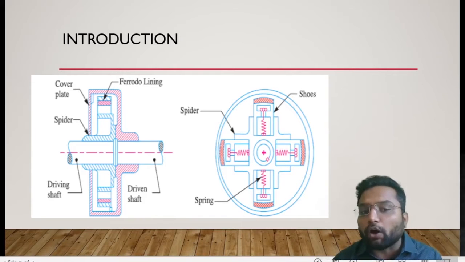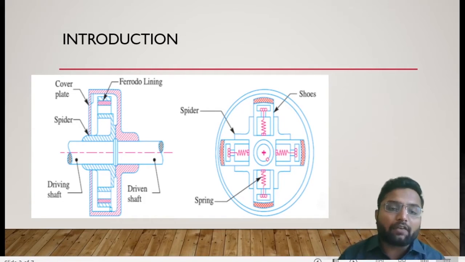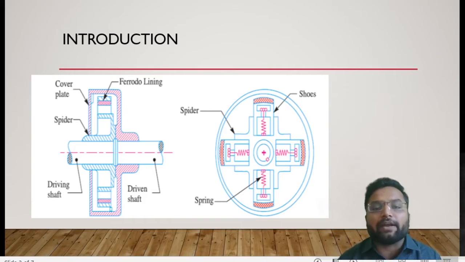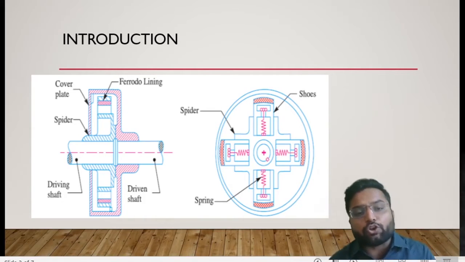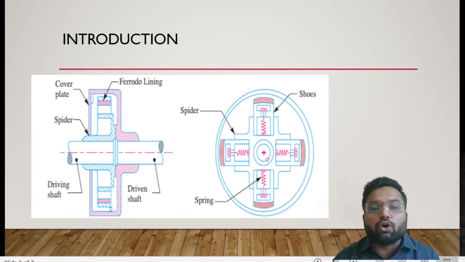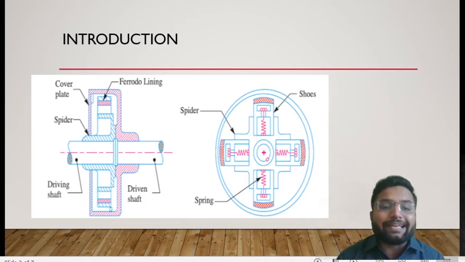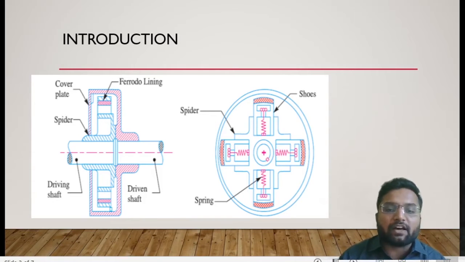I hope you got this point. Our requirement is to generate that counter torque with friction, or you can say frictional torque. So our spring loaded mass should remain in contact with our driving line. Clear?